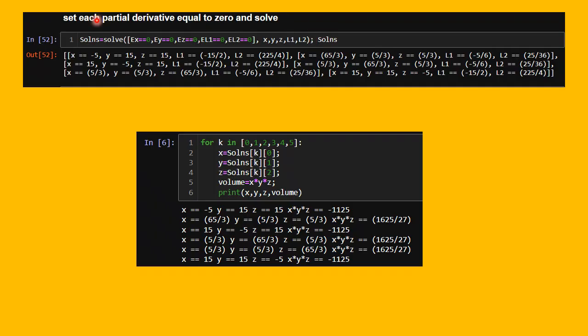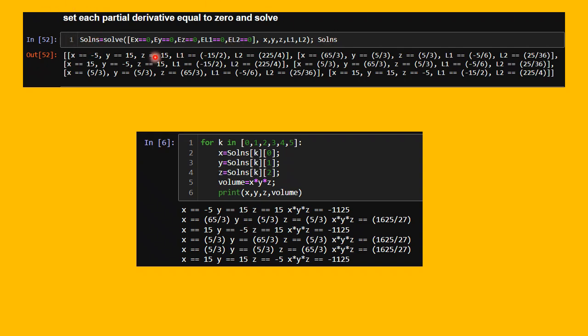And then we called the set of solutions SOLNS, short for solutions. And so here we just print out the value of solutions. It'll print out what is stored in this variable.